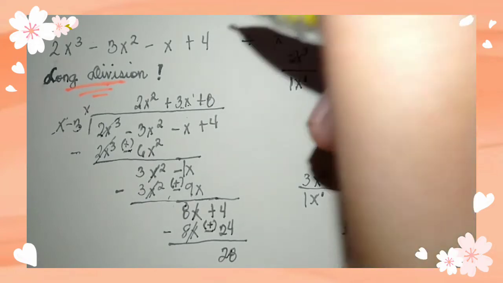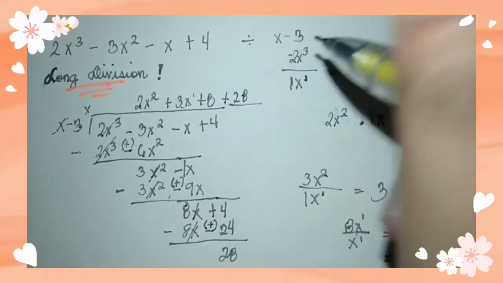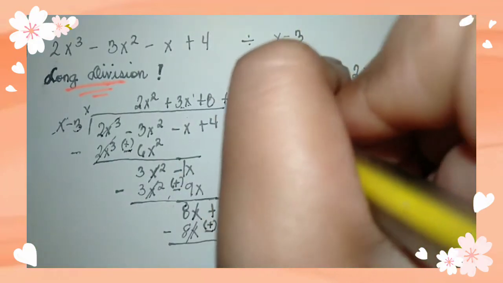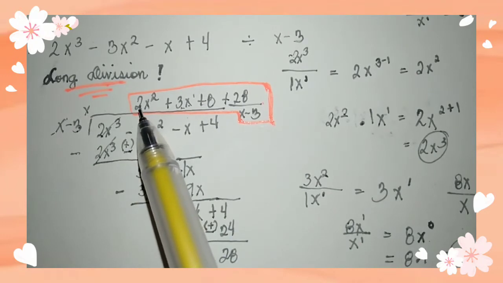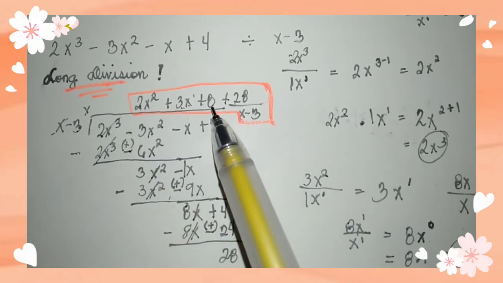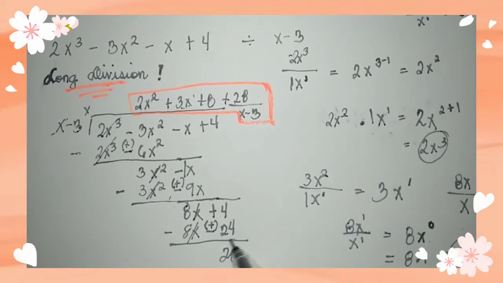And the answer itself is, ilalagay natin si remainder over the divisor, x minus 3. So, ito na yung sagot natin using long division. We have 2x squared plus 3x plus 8 plus 28 over x minus 3 since meron tayong remainder. Okay?